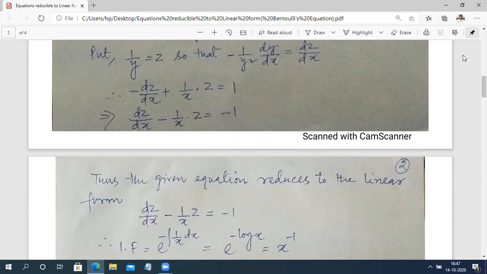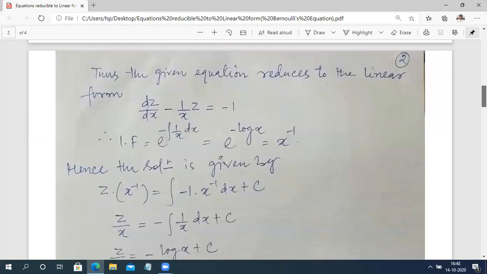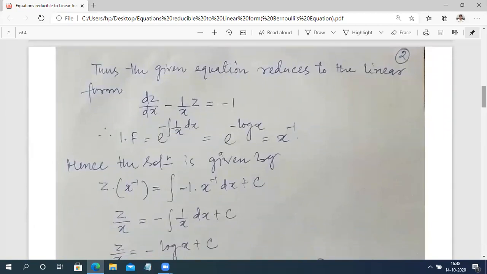Now we can find the solution of this equation by finding the integrating factor. What will be the integrating factor here? In this case, e to the power integral of P dx, where P is minus 1/x.